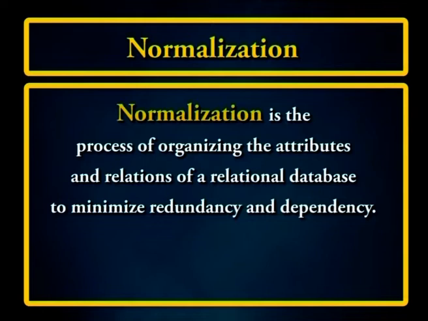Normalization is the process of organizing the attributes and relations of a relational database to minimize redundancy and dependency. Here, minimizing redundancy means minimizing the duplication of data in various relations.